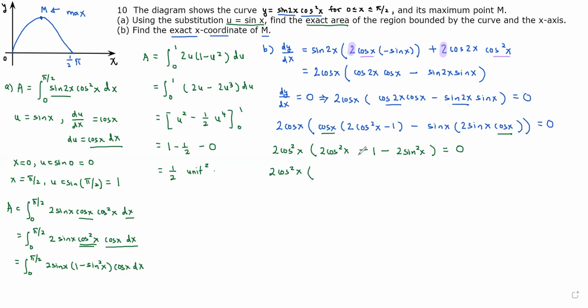There's a mixture of sine and cos here. We can use the Pythagorean identity: cos square is 1 minus sine square. So we replace cos square with 1 minus sine square x, minus 1 minus 2 sine square x equals 0.